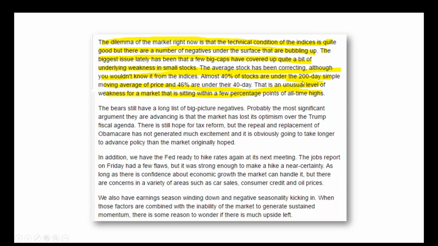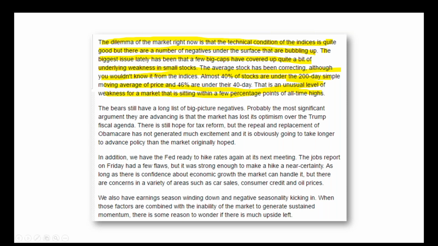Almost 40% of the stocks are under their 200-day simple moving average of price. 46% are under their 40-day. So this is an unusual level of weakness for a market that is setting all-time highs. Do you guys get that? A few stocks, the big ones, are doing well, but the vast majority are not. What does that bode for the stock market?